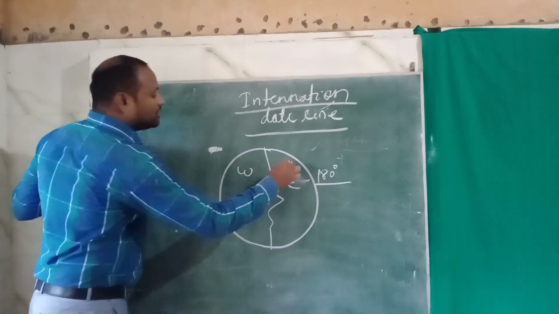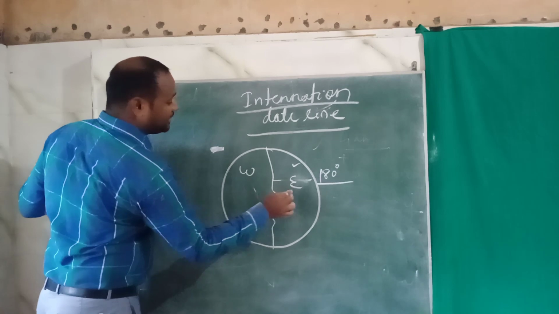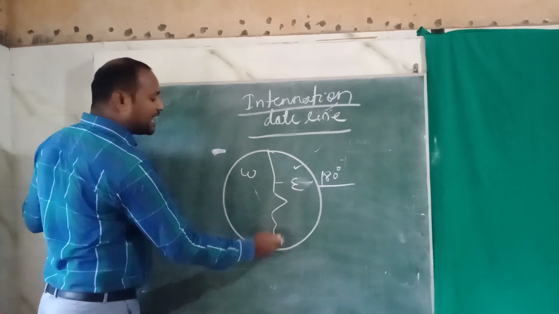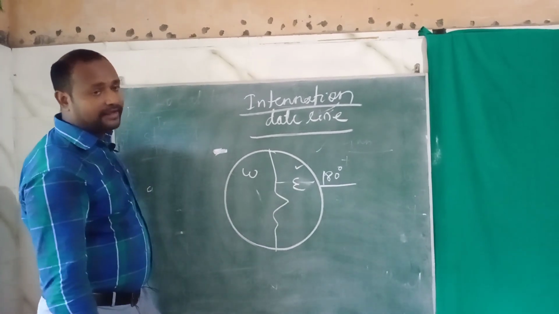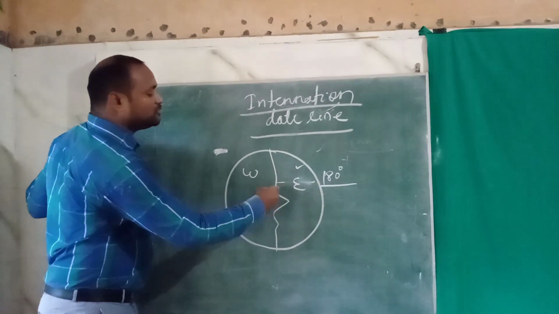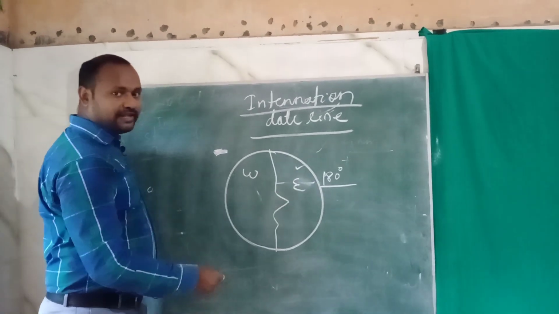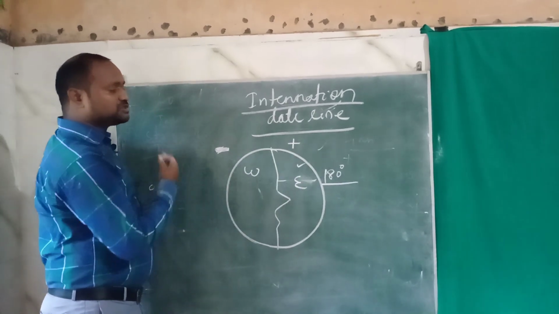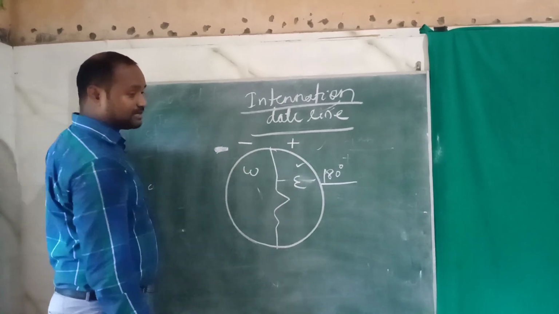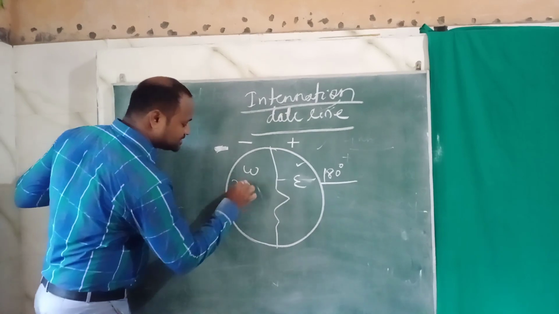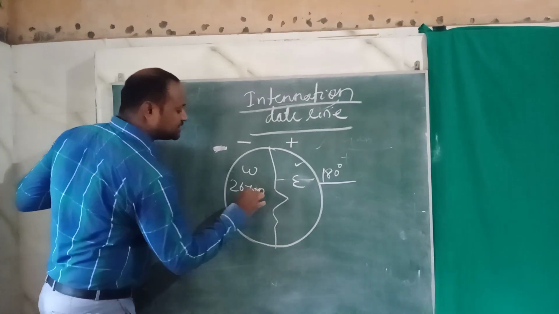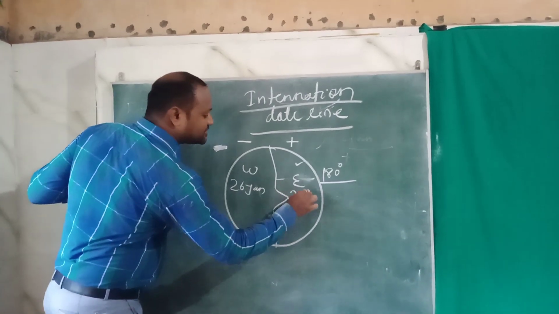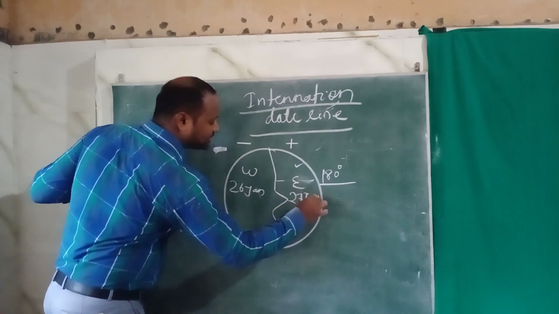Understood? So this line is the line of date. Why? Because if you move towards the east, there will be 1 day plus, and if you move towards the west, 1 day minus. For example, here is 26 January, here will be 27 January.